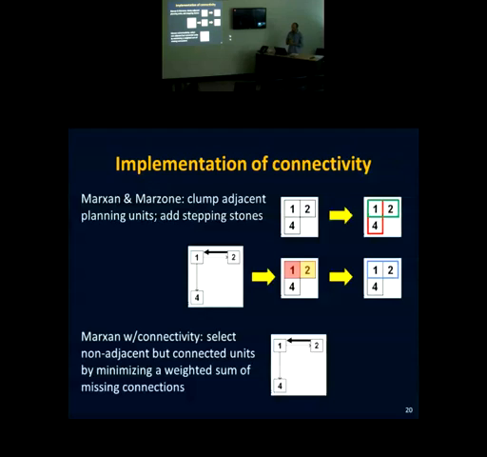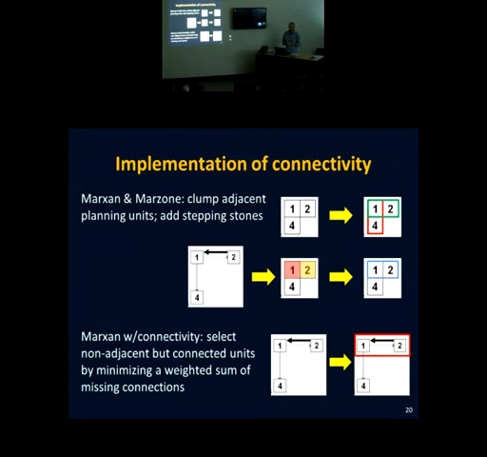What we're planning to do, but we're still working on it, is to actually use Marxan with connectivity so that we can do this explicitly. So instead of assigning a specific objective to select areas that have high centrality, we're going to forget about including an additional objective, and we're going to try to clump things, instead of the typical Marxan way, which is basically clumping units because they are adjacent, clumping units because they are actually connected, in this case based on larval dispersal.